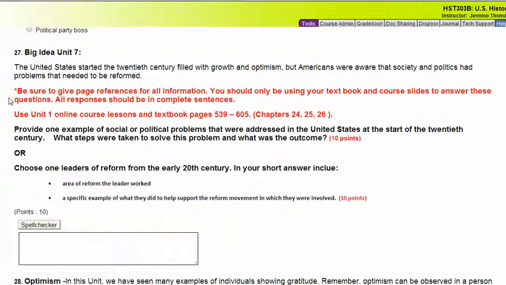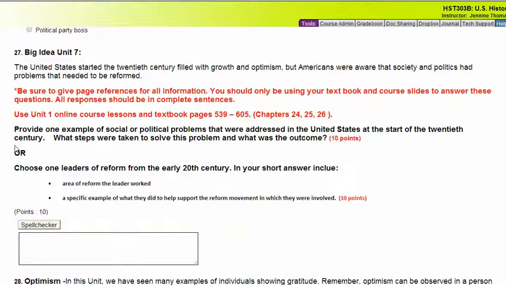Any information taken word for word from another source will be cited for plagiarism and no credit will be given. You must give the page numbers or the slide numbers from your lessons from which you got the information for your short answer. Use Unit 7 online course lessons and your textbook pages. We give you the pages here, 539 to 605, chapters 24, 25, and 26.